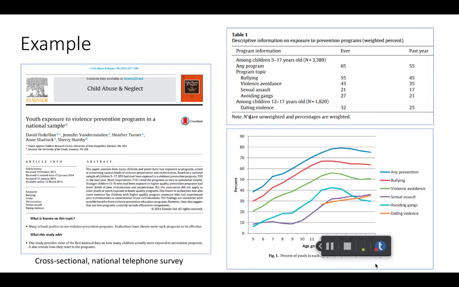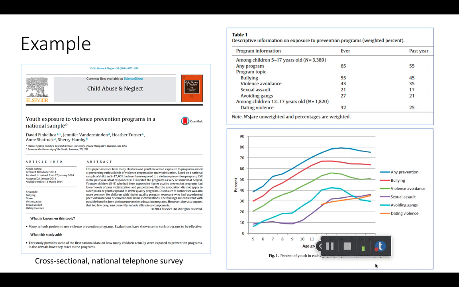Let's take a closer look at another example. This is a study of youth exposure to violence prevention programs in a national sample in the US. The authors look at children who had ever been exposed to any kind of violence prevention program, and those who'd been exposed in the past year. These data are collected in a cross-sectional national telephone survey.